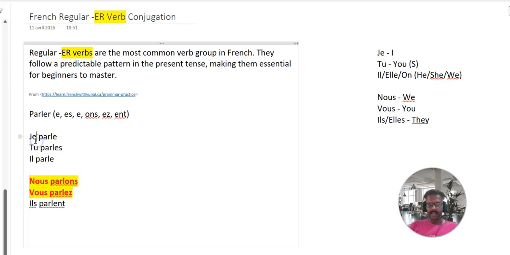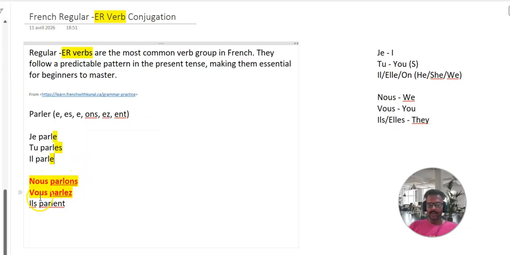Okay, so I repeat: je parle, tu parles. If you notice, I'm not pronouncing the ending, so just omit the sound when you speak. Tu parles, I don't even pronounce this one. Je parle, just leave it. Il parle, you see.